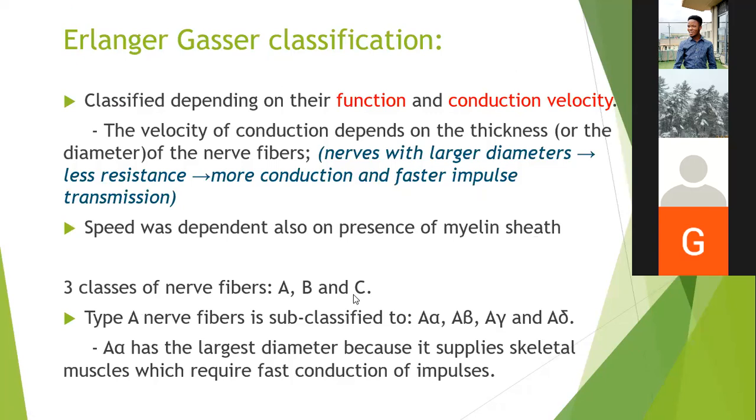So we say that you have type A, B, C. Now A, B, and C represents neurons, and you find that the largest ones are the A bundles. The A fibers consist of the largest size of fibers, okay?